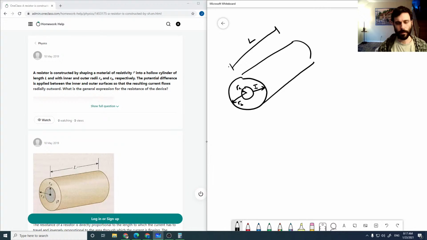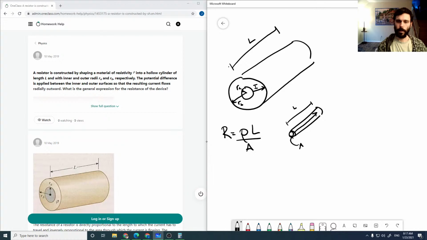Okay, so if we look at how we define resistance as the resistivity times the length over the area, in a usual wire we have our current going this way, so this would be our length, and this cross-sectional area would be our area.